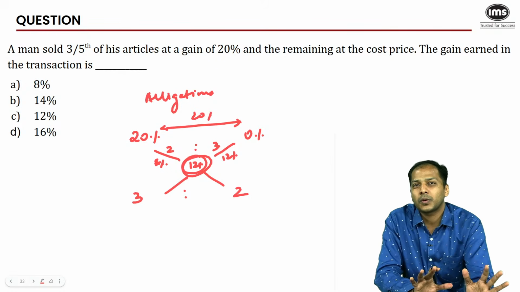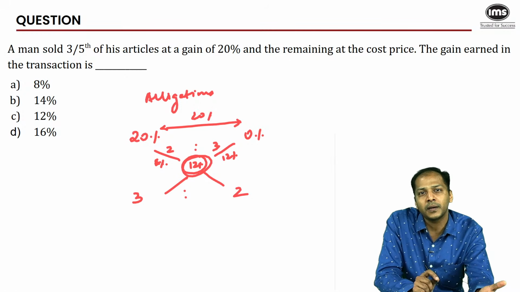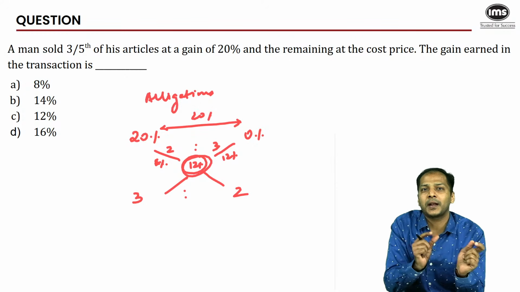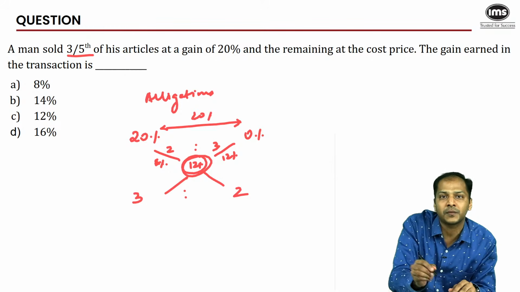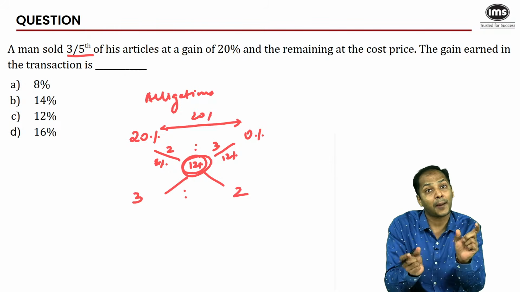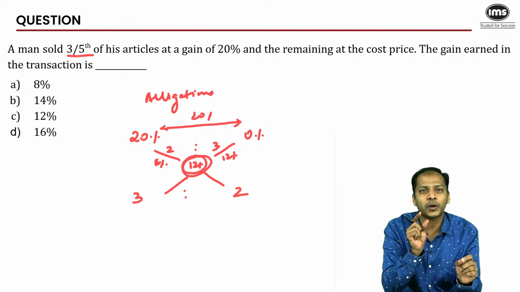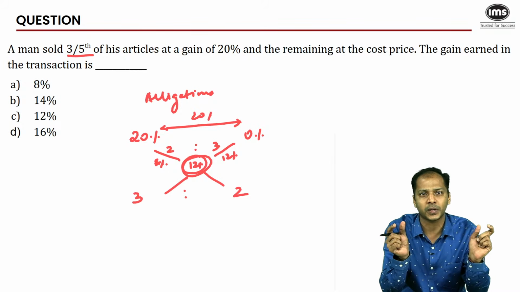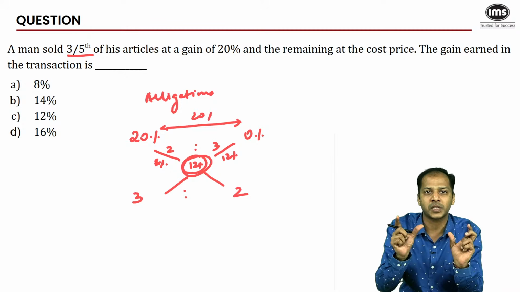Okay, so one of the ways of solving this, generally when you develop the speed, you should be able to identify the ratios and the reverse ratio. The number of articles were 3/5 and 2/5. Their ratio is 3:2. Therefore, the gap from average should be in the ratio 2:3. So we are looking for a number between 20% and 0%, which is 2 parts away from 20 and 3 parts away from 0.